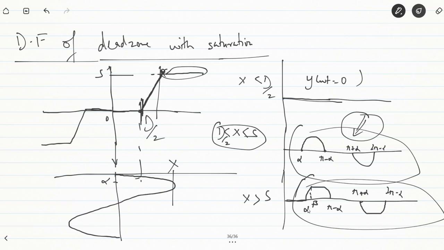Going for half-wave symmetry, from beta to pi by 2 it will be equal to a constant, that is k s. So you'll find out b1 for this case.